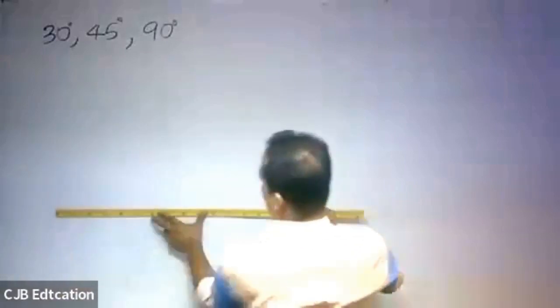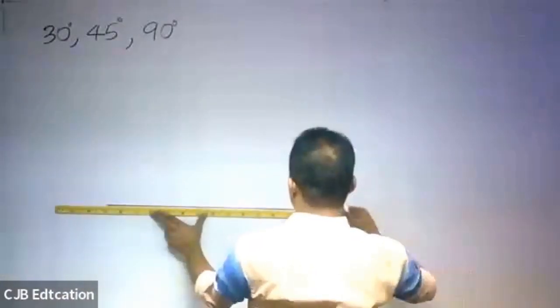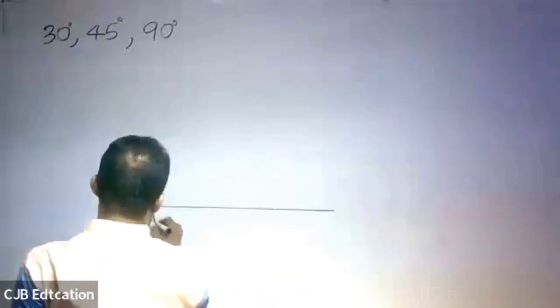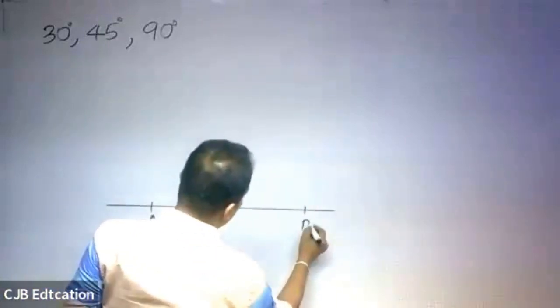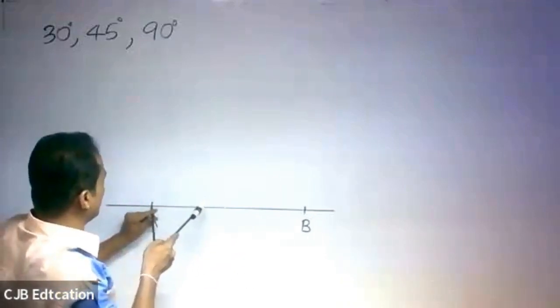Right. If you take this straight line AB to construct the 30 degree angle first, we should take the 60 degrees first, right?